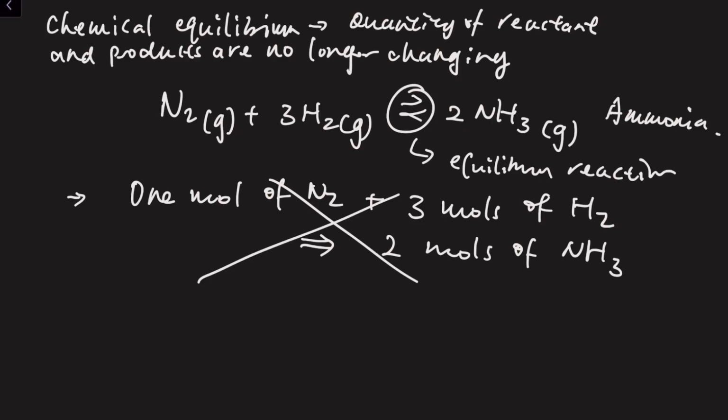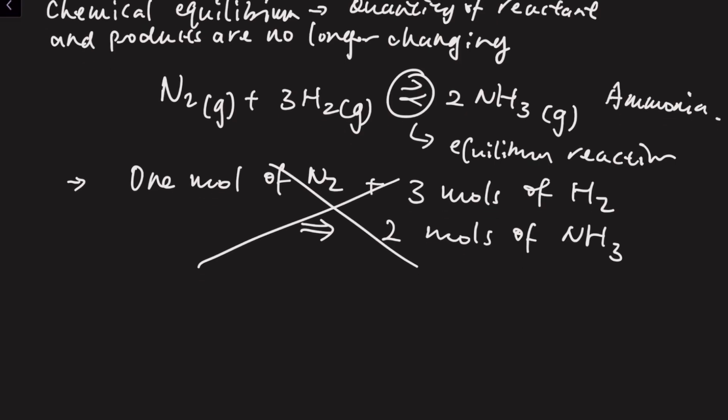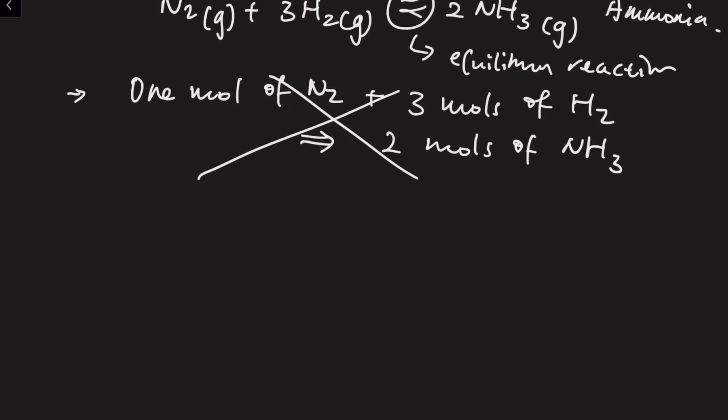The reaction never reaches completion. So that's why we call it an equilibrium reaction. So what actually happens is that we have two things going on. This applies to all equilibrium reactions.